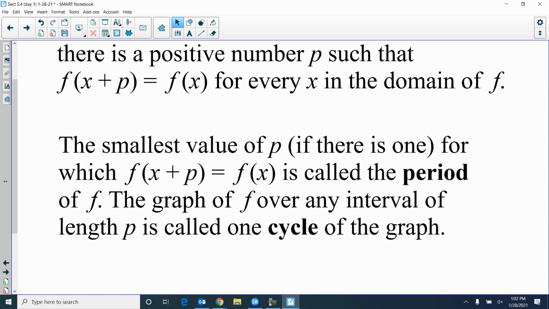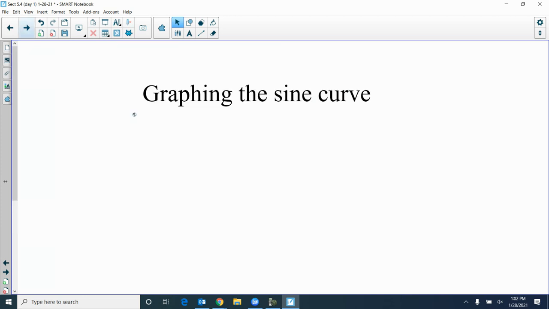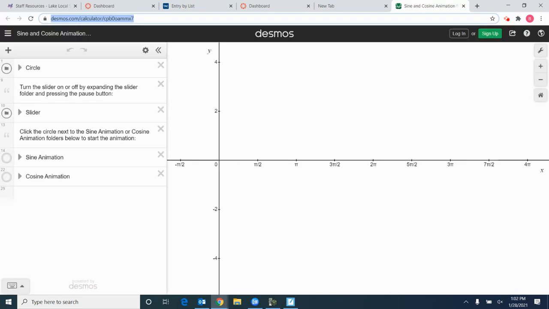All right, so now let's take a look at this. Okay, so here's 0, pi over 2, pi, 3 pi over 2. This is our unit circle. Okay, you want to think what the y coordinate is as it rotates around.